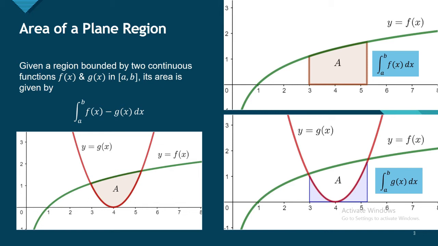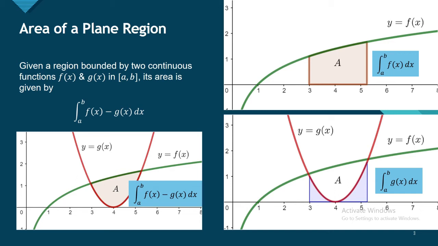So if we want to get the area of this light orange plane region, we do the subtraction. We subtract the area of the blue shaded region from this one, and the result is this. This is the result.